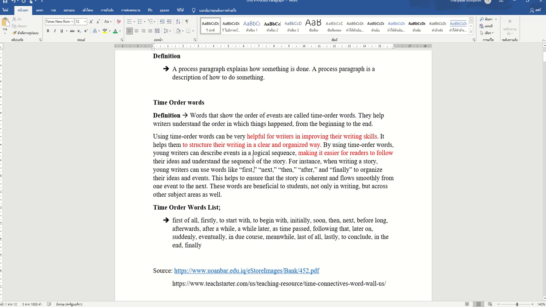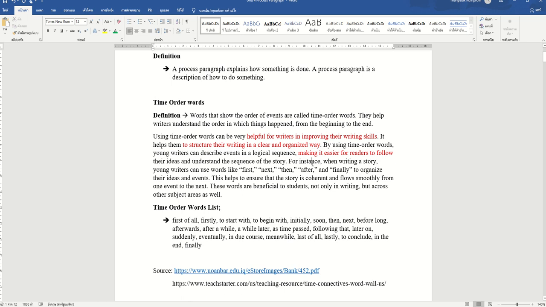It is very helpful for improving your writing skill if you focus on step by step: 1, 2, 3, 4, 5. And time order words also help you structure your writing in a clear and well organized way.